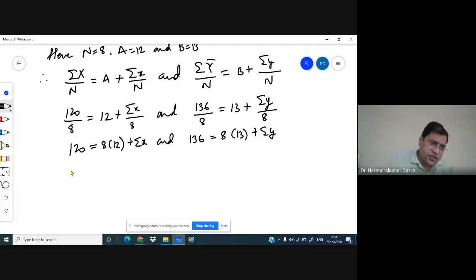I want you to solve these equations and tell me the summation of x and summation of y. You have to get the value of summation of small x and summation of small y. Please calculate and give me the value. What do you get?